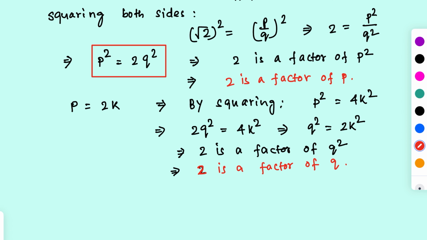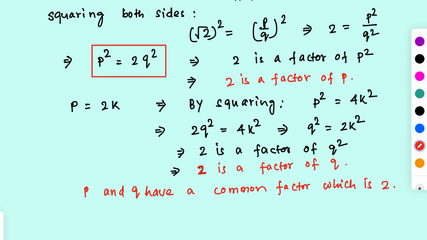Now, both p and q have the common factor 2. That means p and q have a common factor, which is 2. Hence, they are not co-primes.